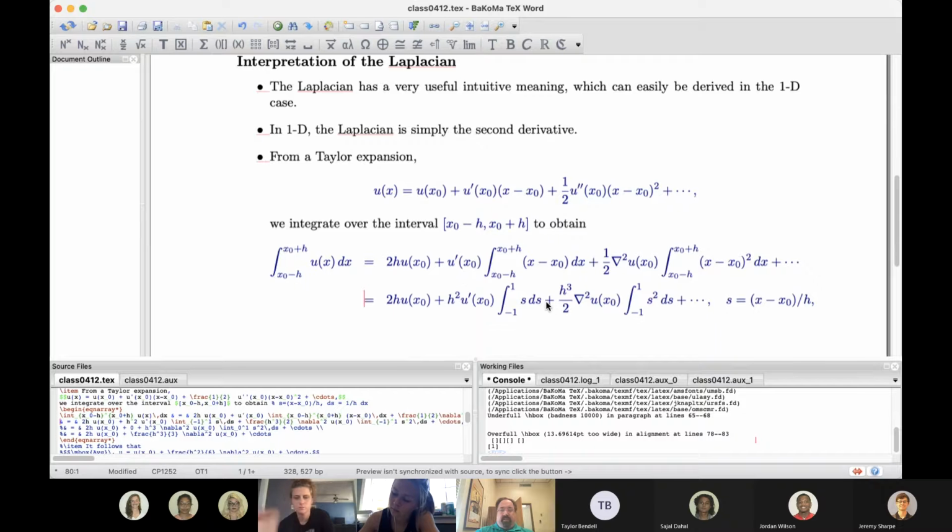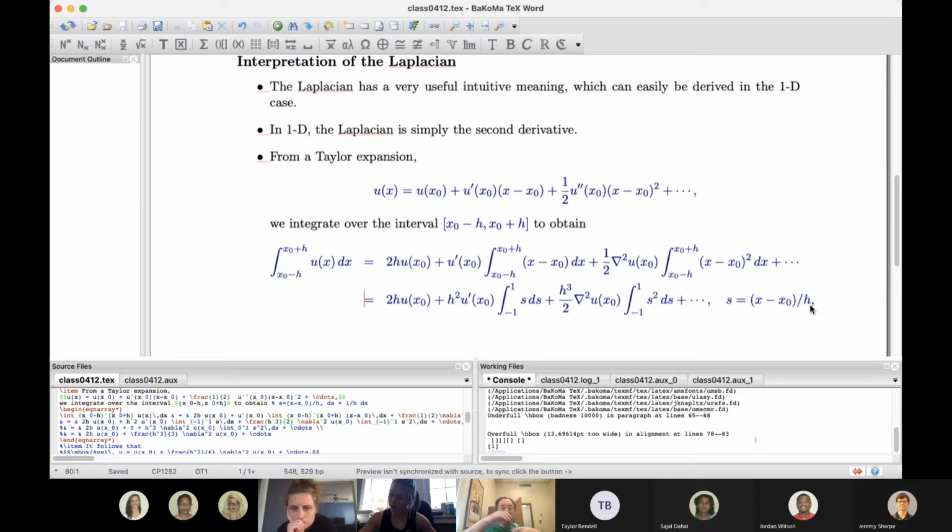Now, these integrals, I can go ahead and evaluate them. To simplify matters, I'm making a change of variable, or you might think of it as a u substitution, where I want to map the interval from x naught minus h to x naught plus h to the interval from -1 to 1. So that would mean this change of variable.